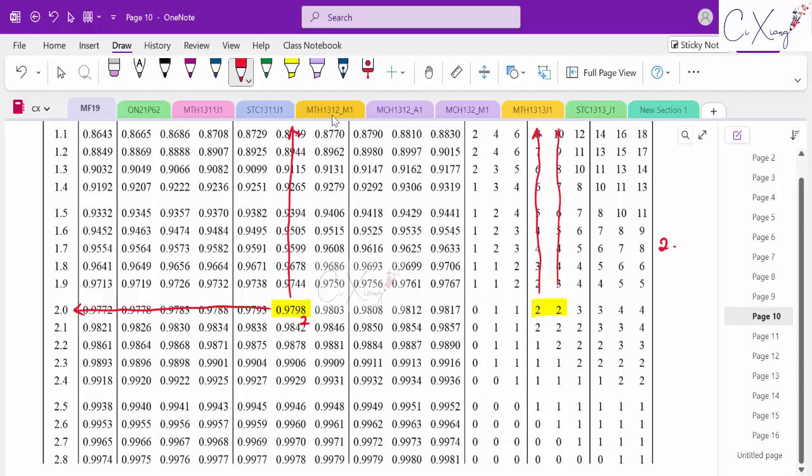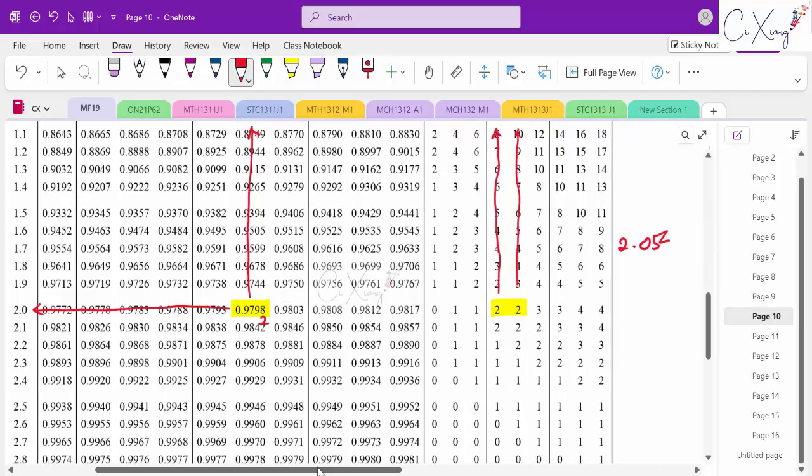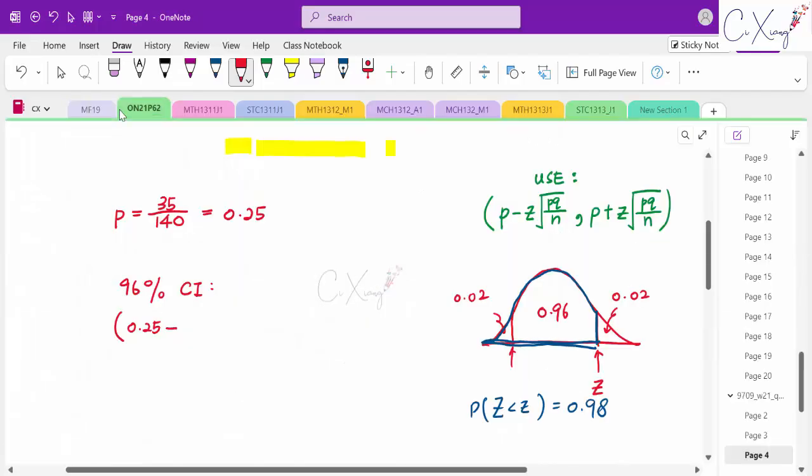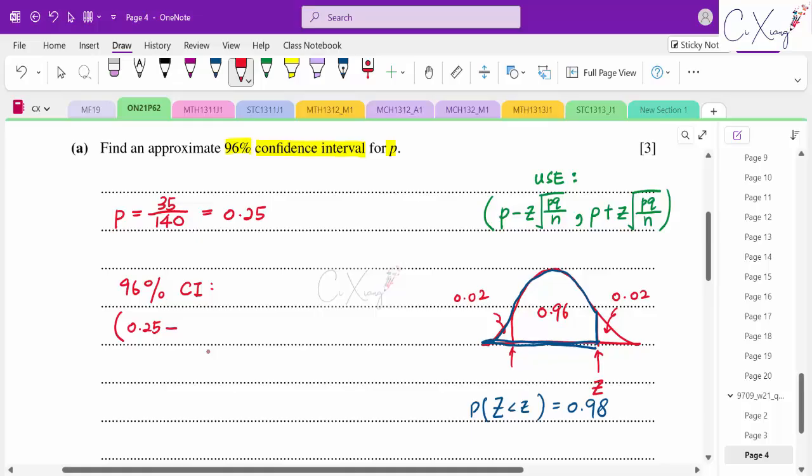So we have two values, either 2.054 or 2.055. Both values are accepted. Go back to our calculation here, and now I know my Z is 2.054. 2.055 also can. But for me, I'm using 2.054.